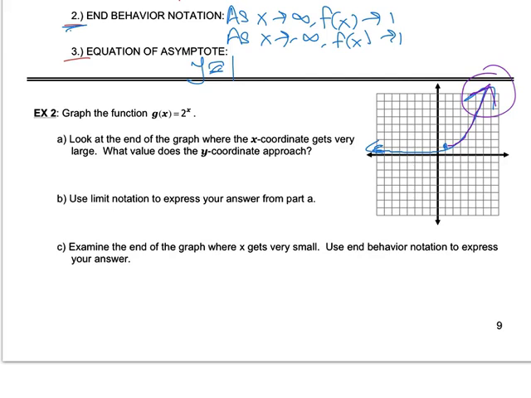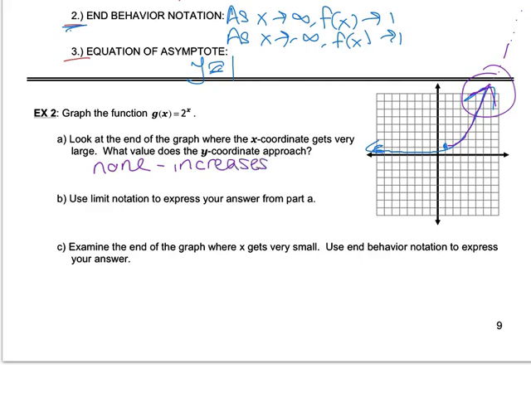So the y value isn't approaching a specific value. It's just going to keep going and going and going. So what value is the y coordinate approaching? It's not approaching any specific value. If you want to think of what we call that when it doesn't approach a specific value, it increases without bound.